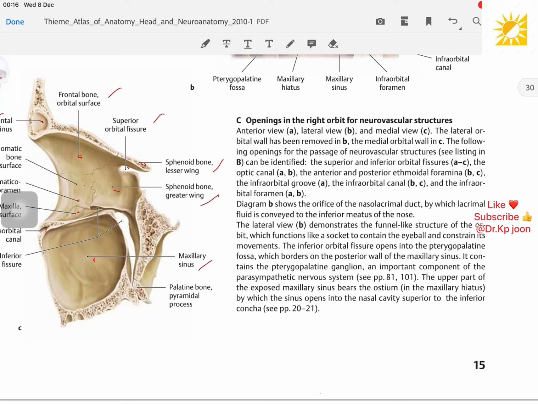It contains the pterygopalatine ganglion, an important component of the parasympathetic nervous system. The upper part of the exposed maxillary sinus bears the ostium in the maxillary hiatus, by which the sinus opens into the nasal cavity superior to the inferior concha.